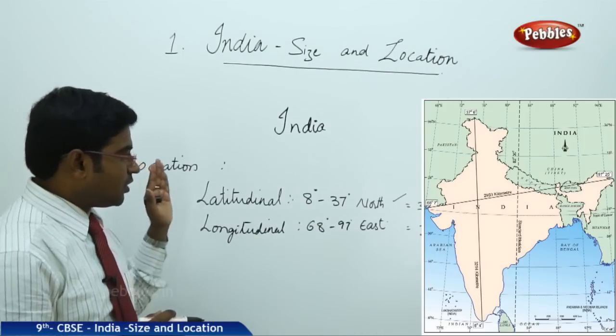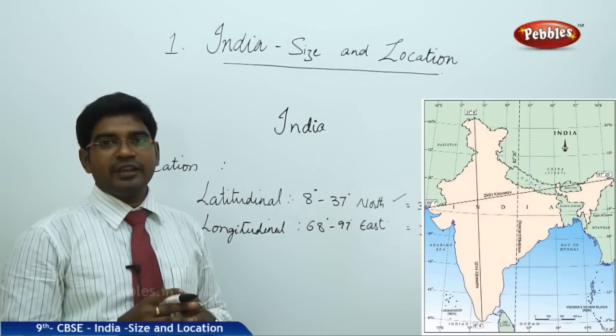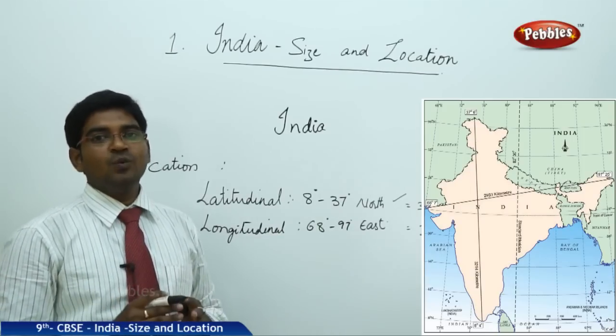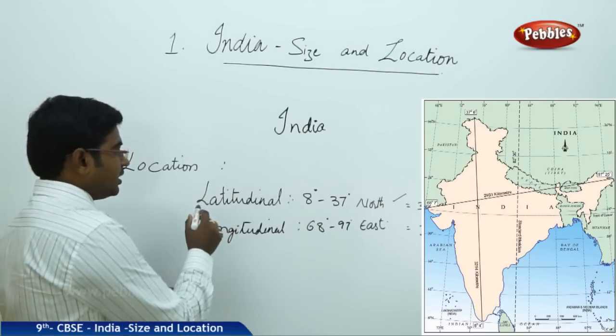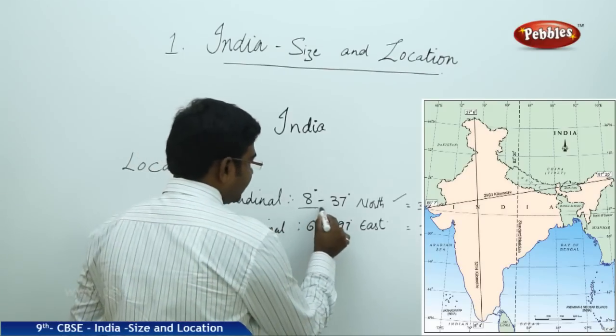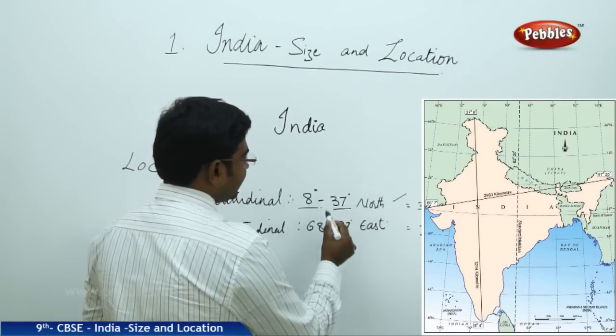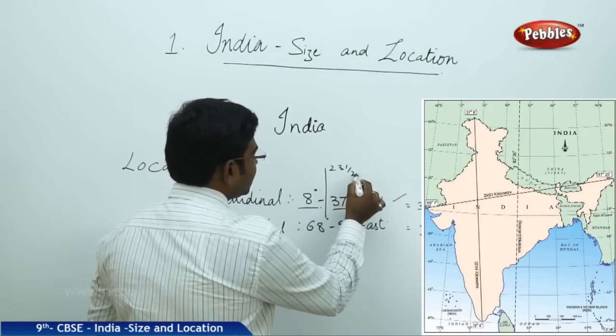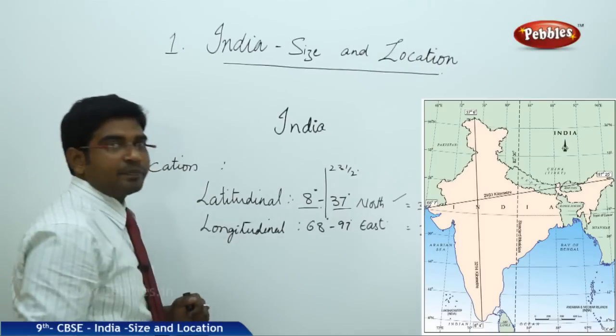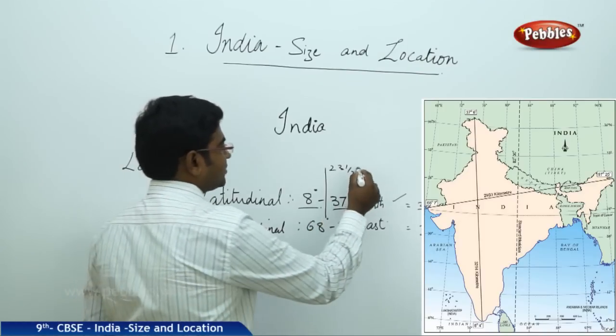Now, we have one more special quality for India's location, especially with regard to latitudes. That is the latitudinal extent, from 8 degrees to 37 degrees. In the middle we have 23.5 degrees latitude, that is nothing but the Tropic of Cancer.